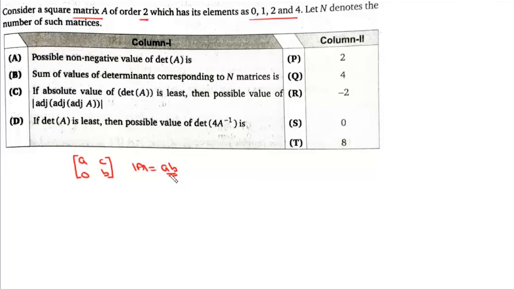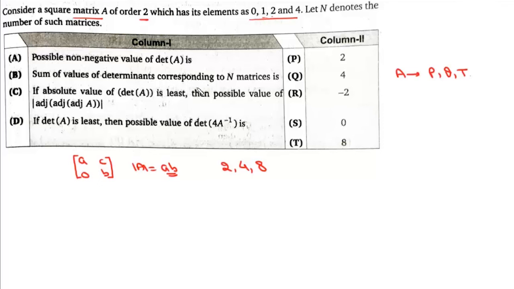Now the possible values of AB are 1 into 2, which is 2, 1 into 4, 4, and 4 into 2, 8. So the possible non-negative values of determinant A are 2, 4 and 8. That means this A matches with P, Q and T.